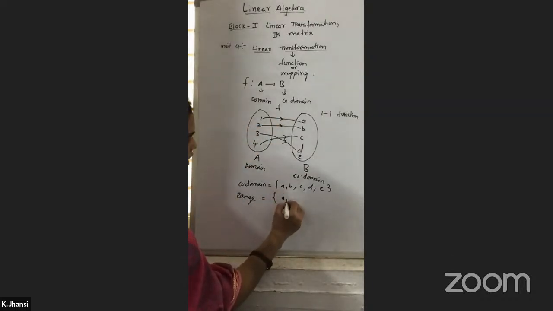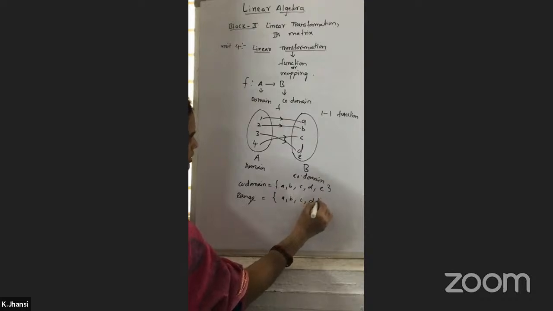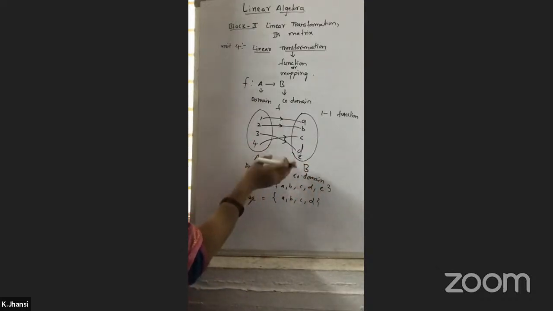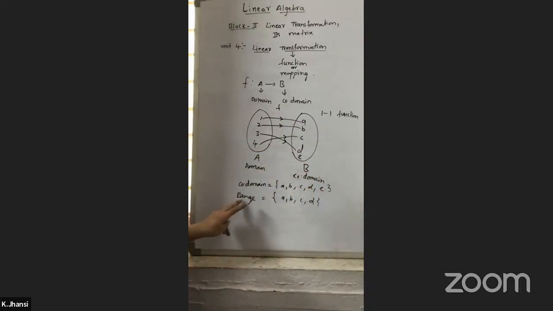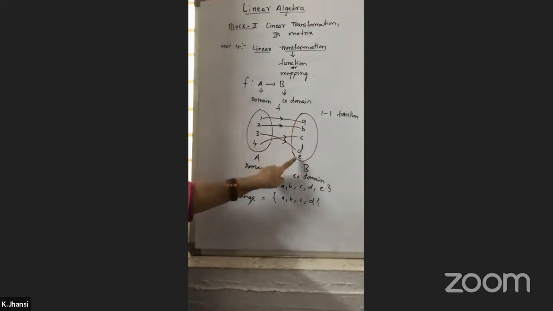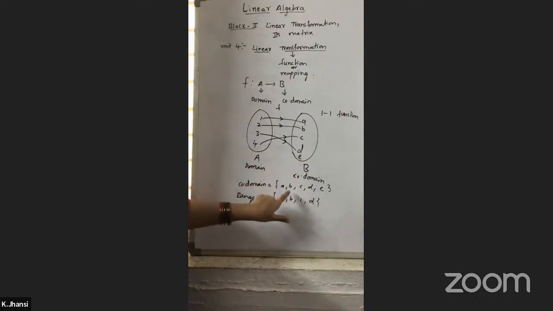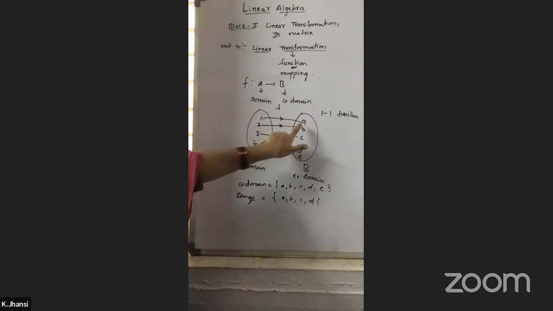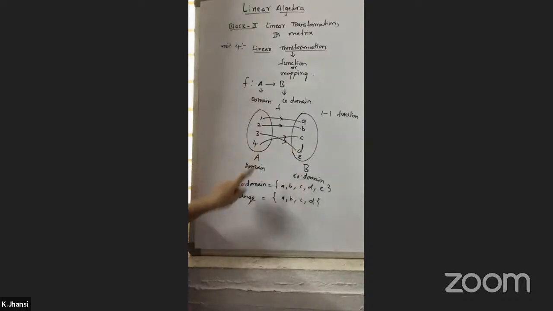That means only A, B, C, D. E is not having any image, so it will not come under the range set. Whatever elements are present in set B are called the codomain, and whichever elements have images are called the range. So that is the difference between range and codomain.